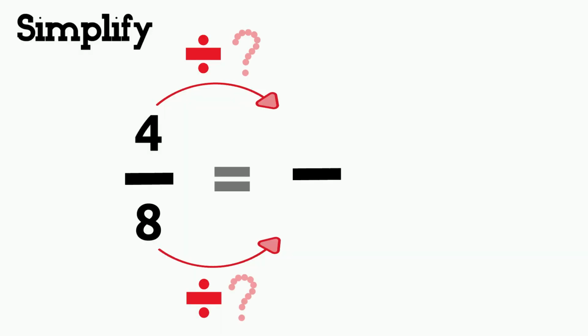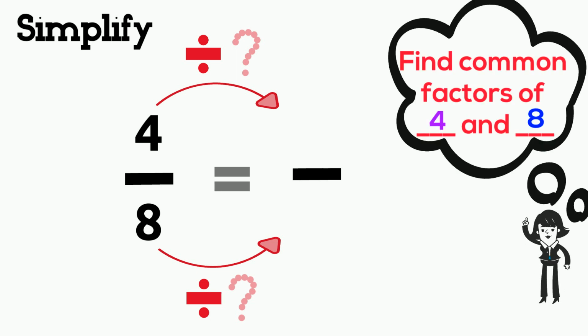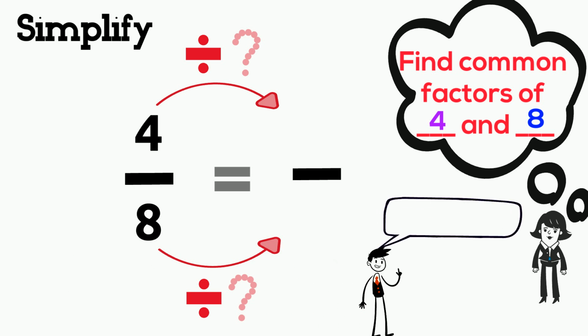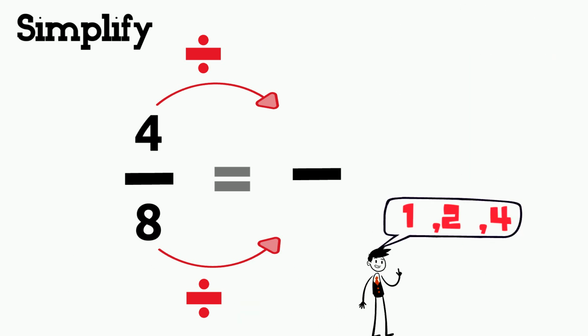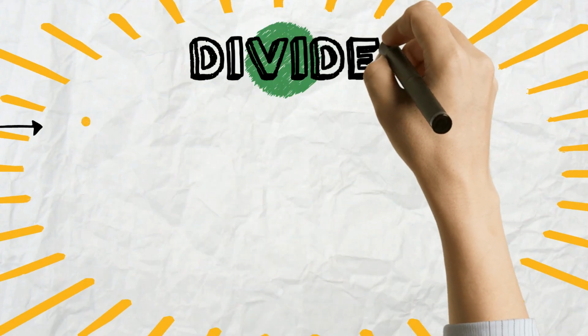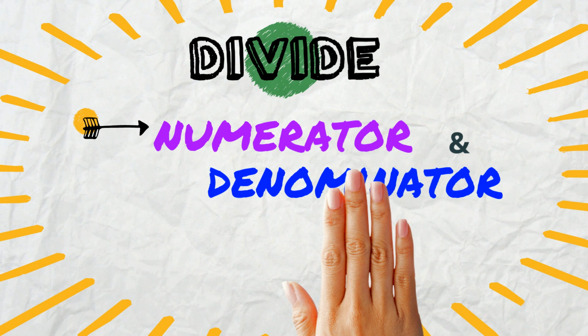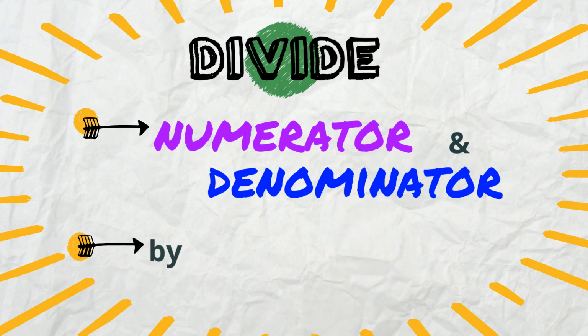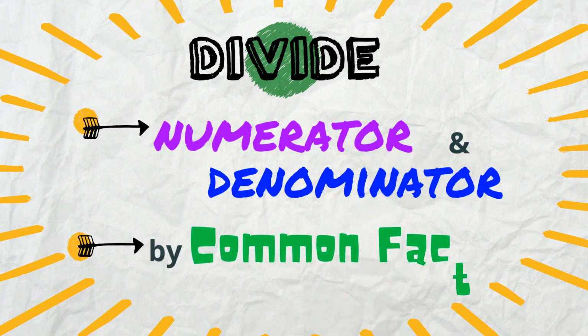Now we can divide the numerator 4 and denominator 8 with their common factor. We found that their common factors are 1, 2, and 4. So we can simplify the fraction with these common factors. To simplify fractions, we divide the numerator and denominator by their common factor.